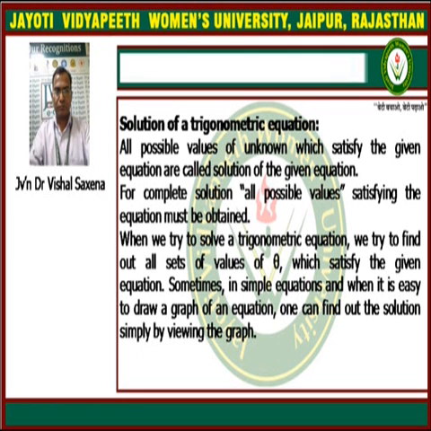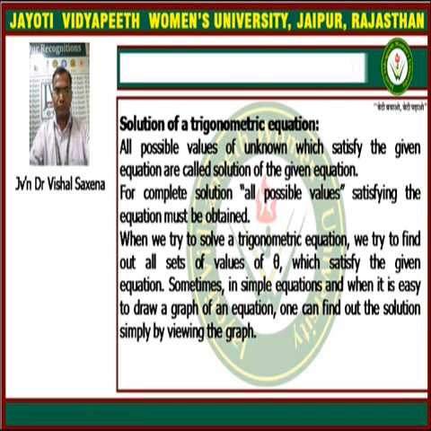Now next we take the part of the solution of trigonometric equations. All possible values of the unknown which satisfy the given equation are called the solution of the given equation.